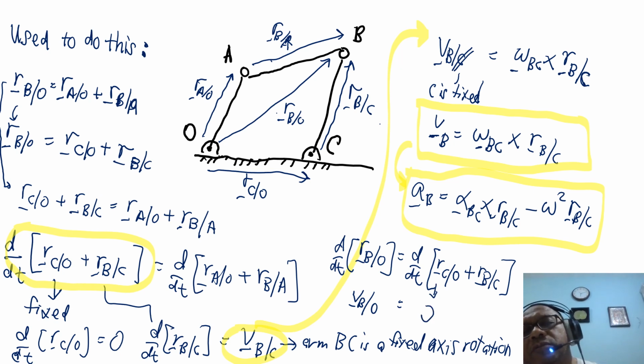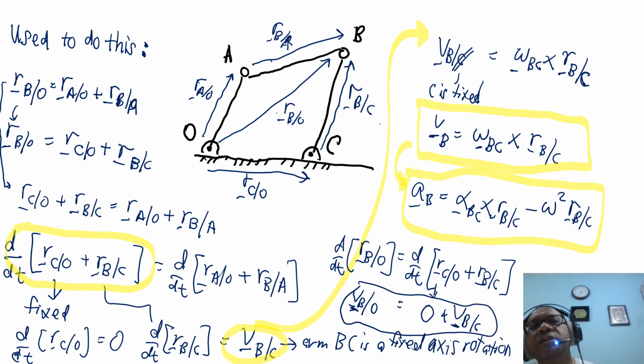This one is 0. B relative to C gives VB relative to C. So that is how I prove to you that VB relative to O equals VB relative to C. So proved.